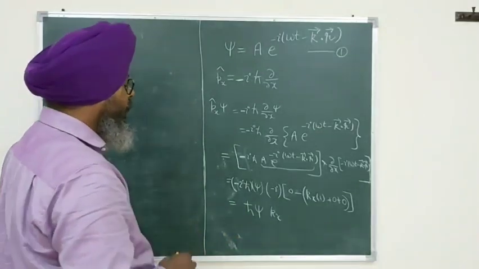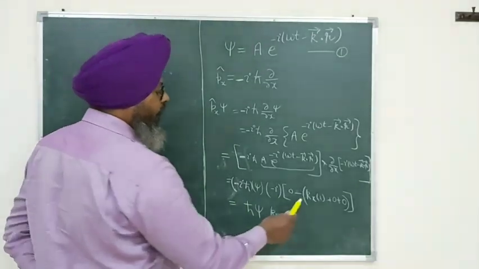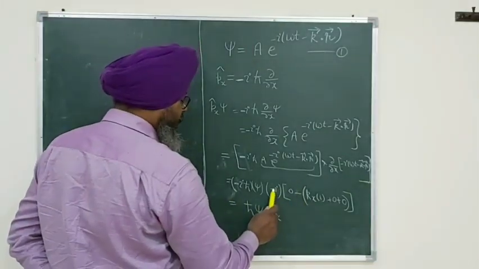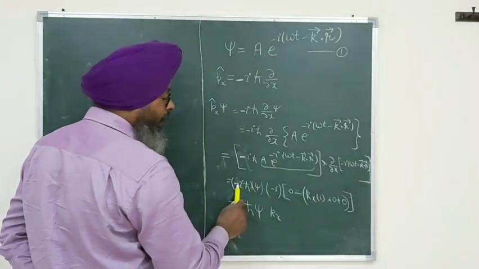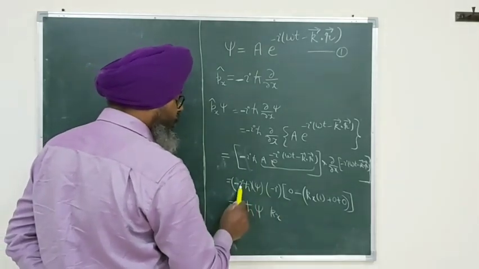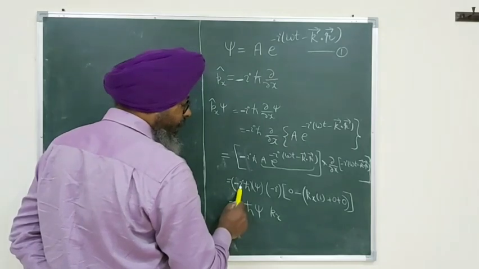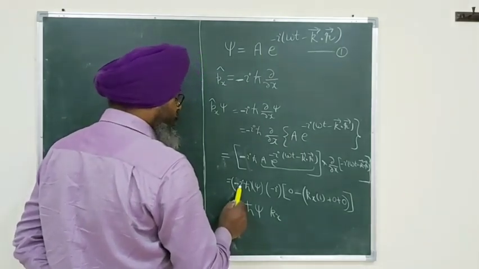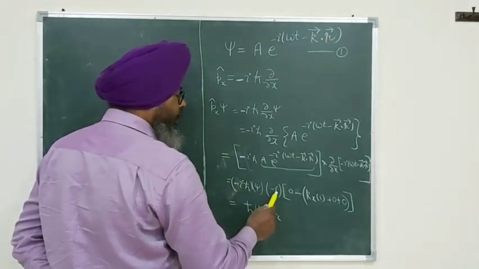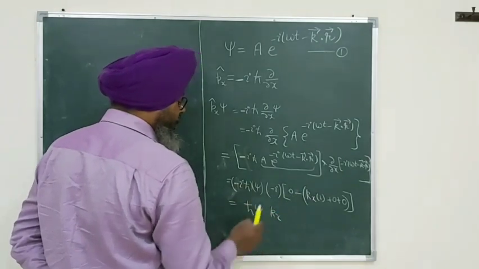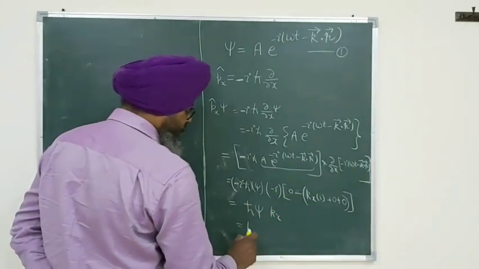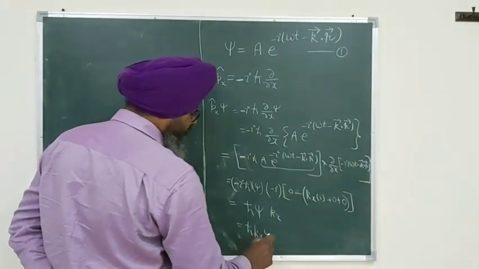Now there is 1 minus here, 1 minus here, 1 minus here, 3 minus, and iota into iota, that is iota square, that will be the fourth minus. So if I multiply the minus term 4 times, the answer will be plus. So this is h cross kx and psi.